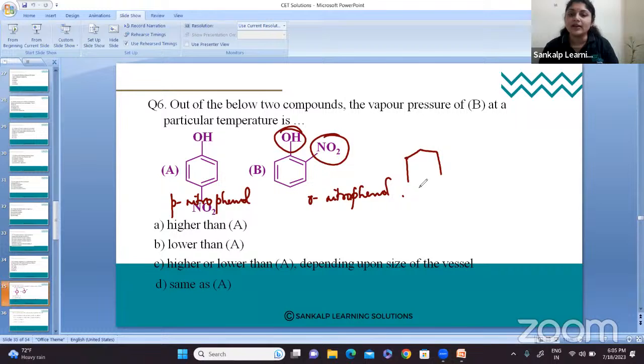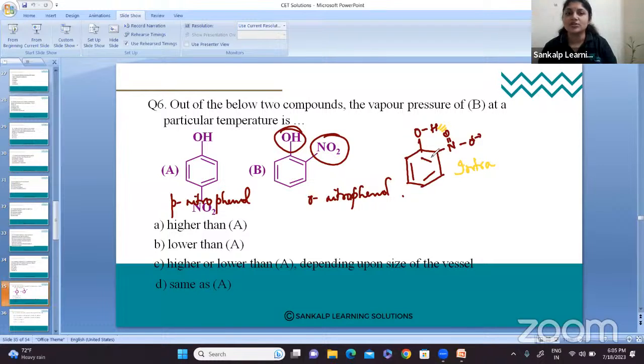It is an intramolecular hydrogen bonding. You know what is hydrogen bonding? Hydrogen bonding occurs between a highly electronegative atom and the hydrogen atom, right? So here you can see this OH and the nitro group, N double bond O and O minus, and within the molecule there will be intra hydrogen bonding.